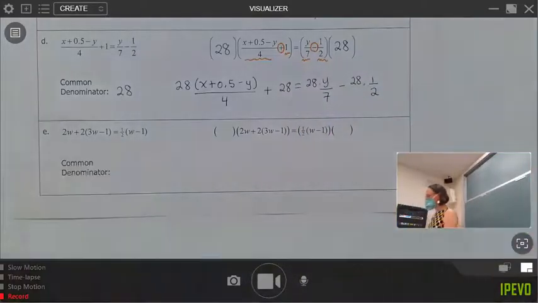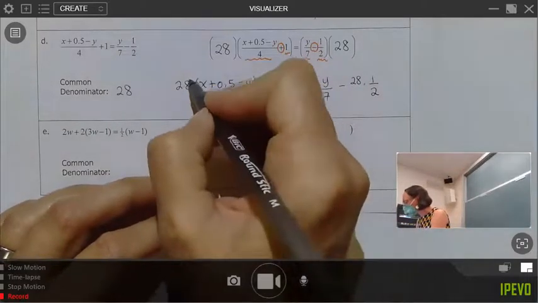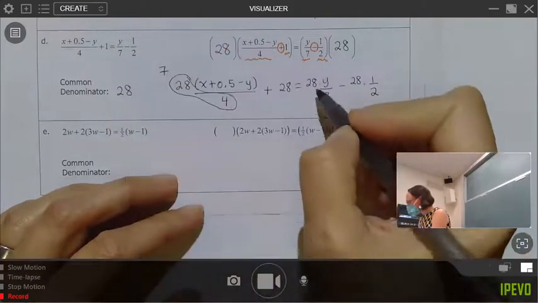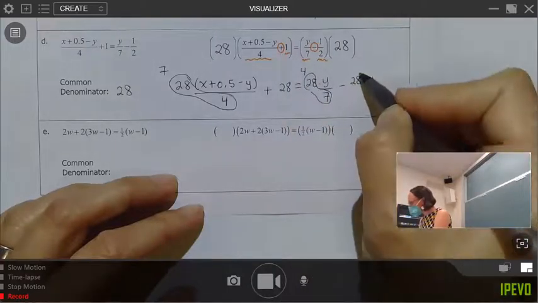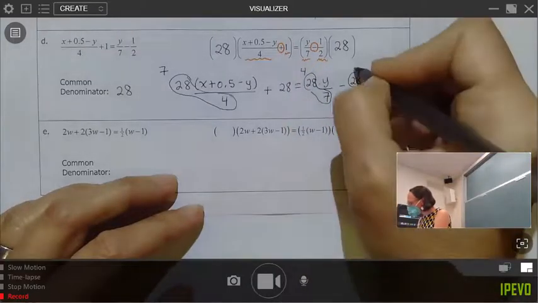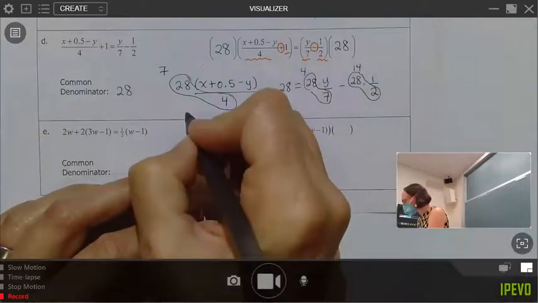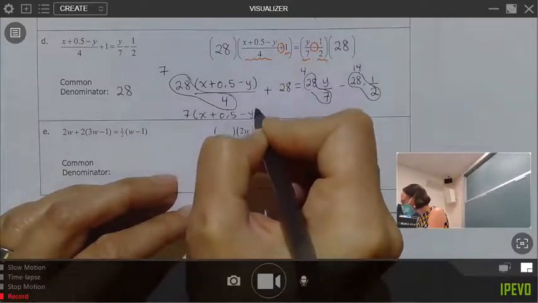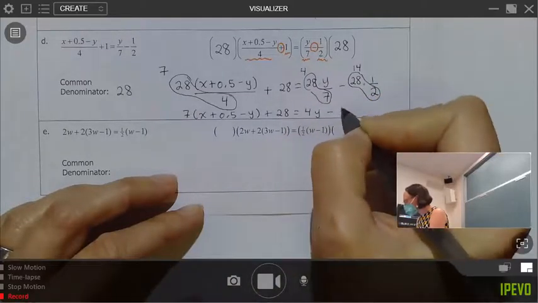And if we simplify all these fractions, the 28 divided by 4 is going to leave me with 7. 28 over 7 is going to leave me with 4. And 28 over 2 is going to leave me with 14. So I didn't leave myself nearly enough space to write here, but I've got 7 times x plus 0.5 minus y, plus 28 is equal to 4y minus 14.